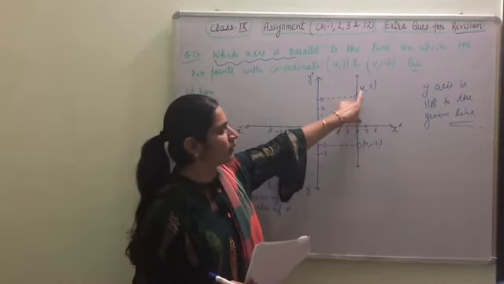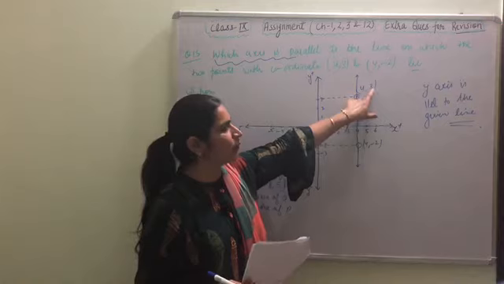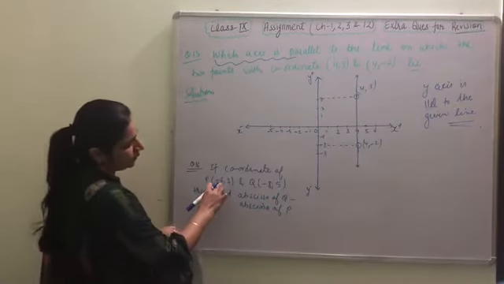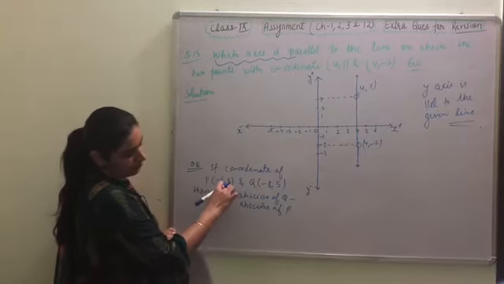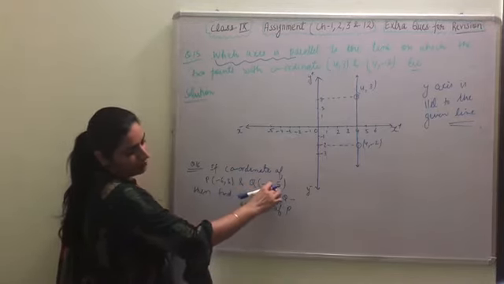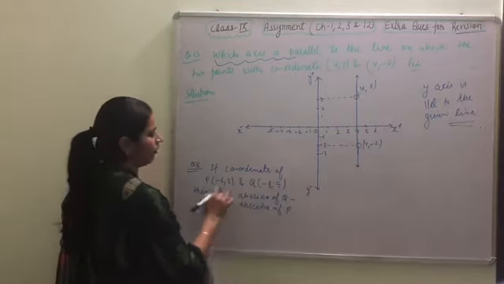First value abscissa, second value ordinate, both together the coordinate. Here the abscissa of P is minus 6, ordinate 3, the abscissa of Q is minus 8, ordinate is 5, and what is the question?